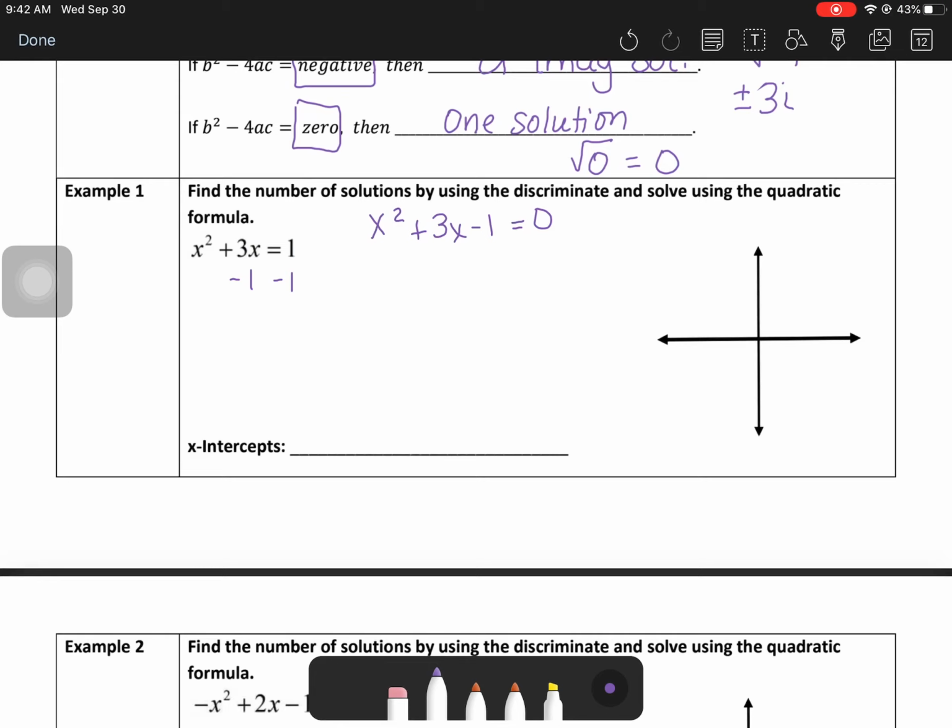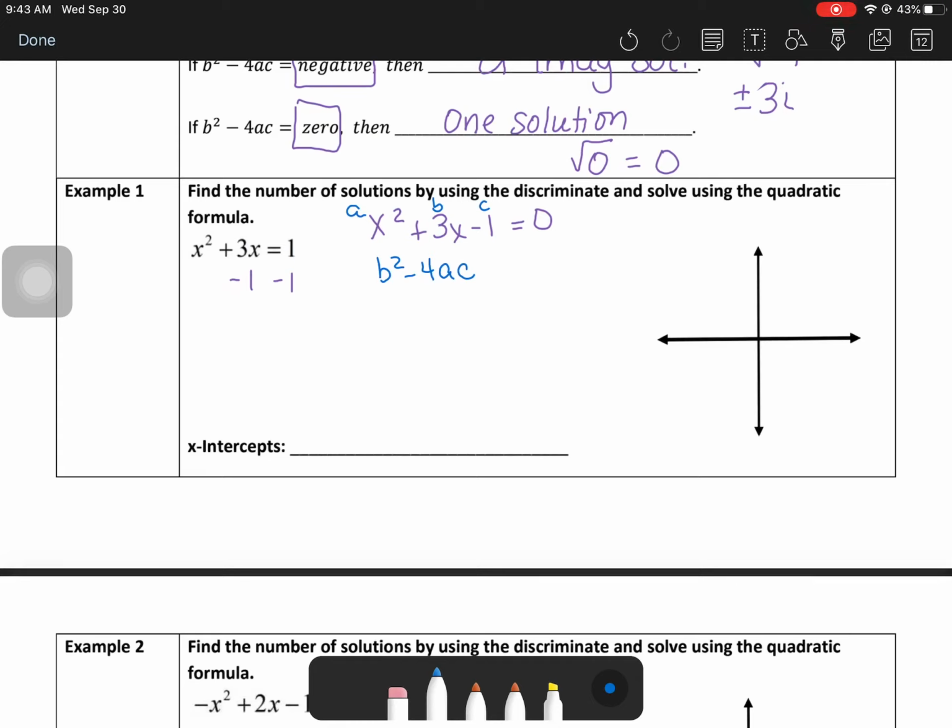So we're going to use the discriminant first, which is just b squared minus 4ac. The b value is 3, the a value is 1, the c value is negative 1.